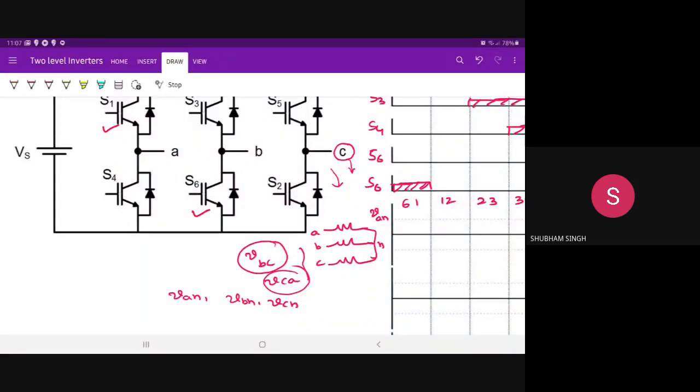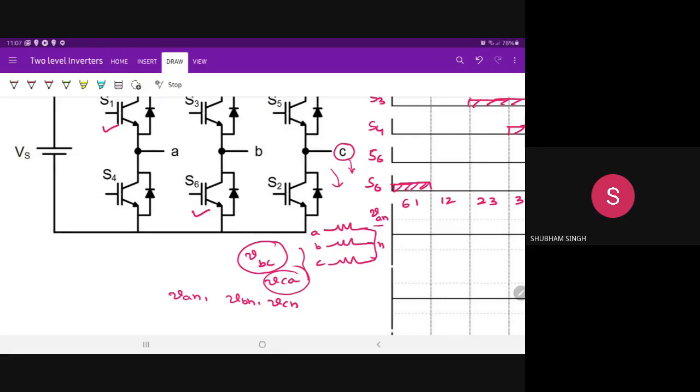In case of 120-degree mode, one phase is left open all the time. Therefore, you cannot directly obtain the line voltages. So the only way is you can obtain the phase voltages.